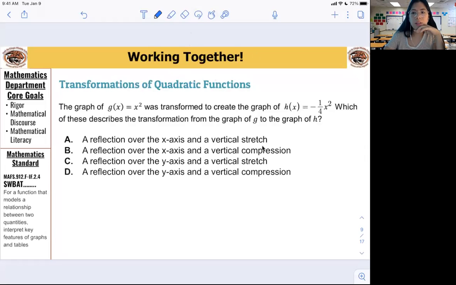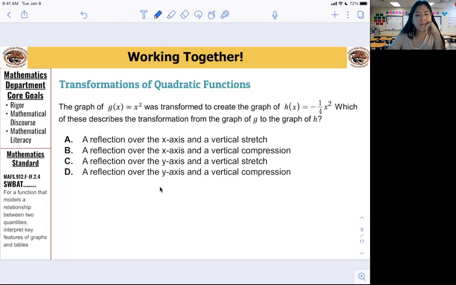All right, so first of all, what are the differences? To go from g of x to h of x, we have a -1/4 in the front. So what does the negative do? It reflects it. But now this is where we have to remember, is it reflecting over the x-axis or the y-axis?